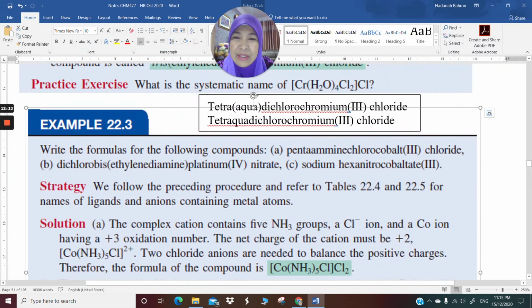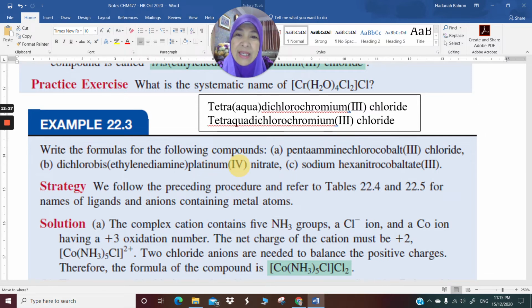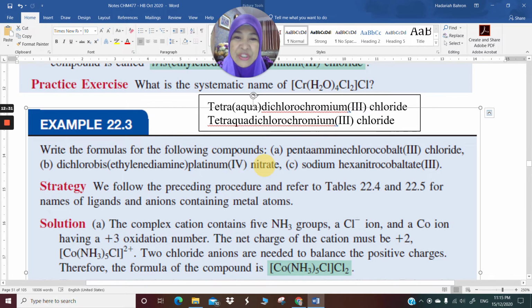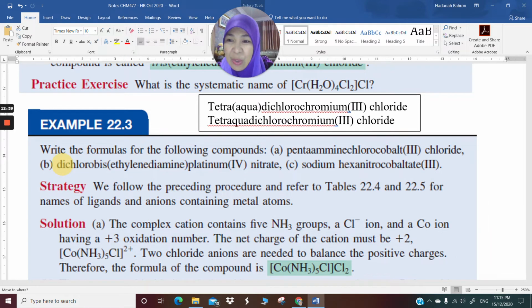Similarly, with question number 2, you have dichloro bis ethylene diamine. So 2 chloro, 2 ethylene diamine. Your platinum has an oxidation state of +4 and nitrate. So you have to determine how many nitrate needs to balance the charges of this complex ion, cation.